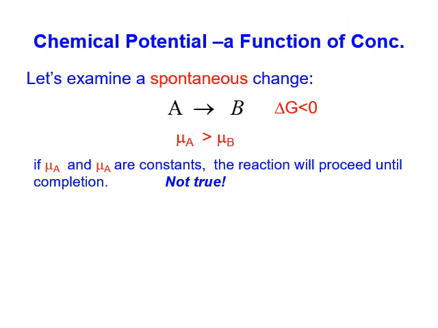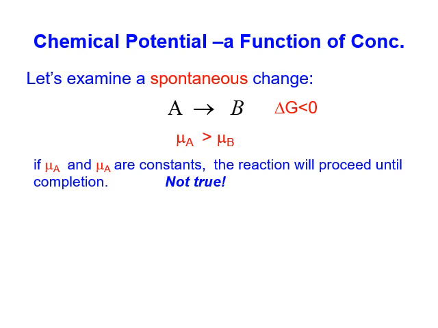Just like partial molar volume changes with concentration, partial molar Gibbs energy, which is the chemical potential, also changes with concentration. For example, for the reaction A goes to B, at the beginning, the chemical potential of A is greater than B, so the reaction spontaneously goes from A to B. With time, more B is formed and the concentration of A decreases, and therefore their chemical potentials also change.